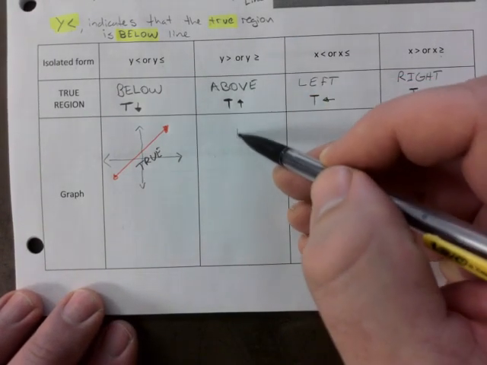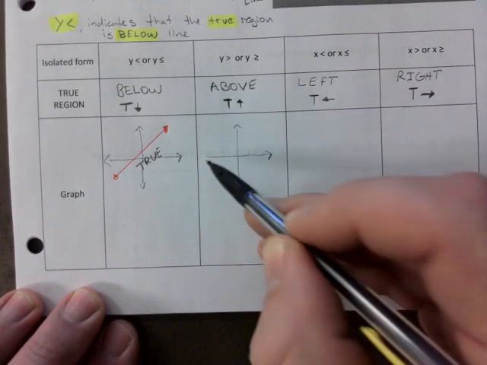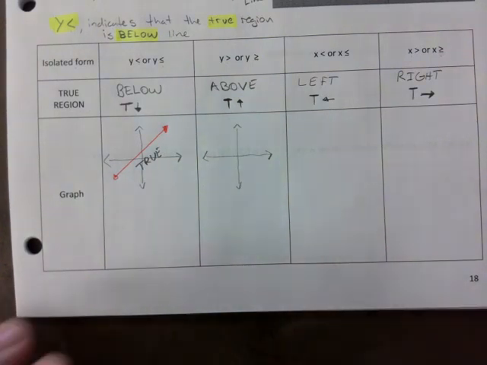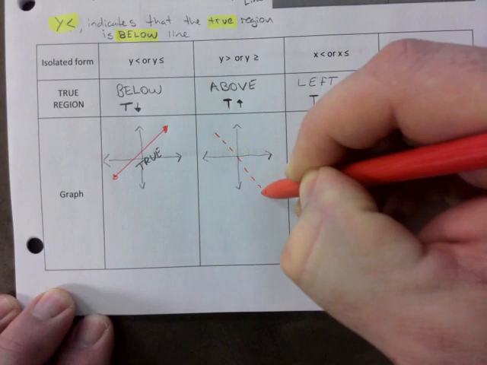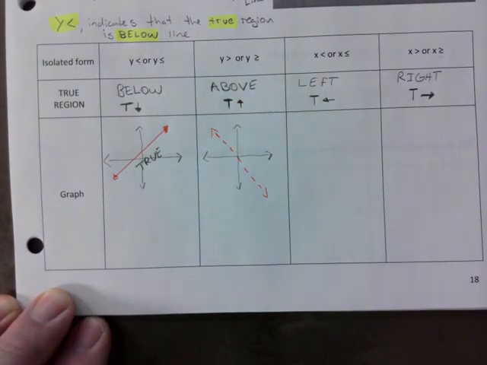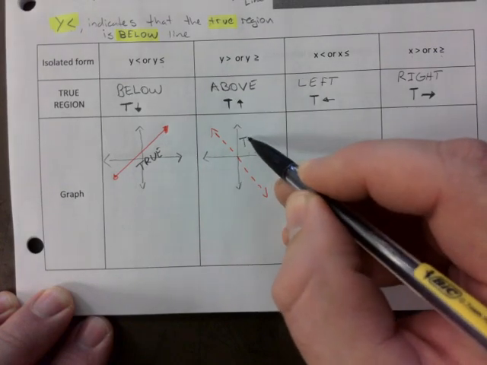If you have y is greater than, remember, just sketching, nothing fancy here, okay? I'm purposely going to go between dashed and solid because that's going to vary depending on the symbol. In this case, the true region is above the line.